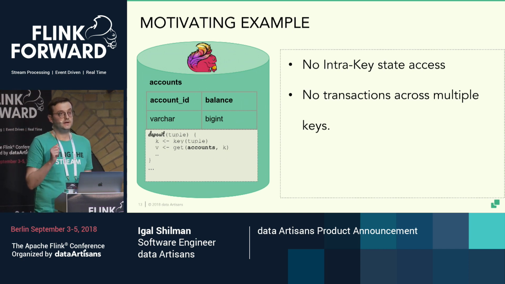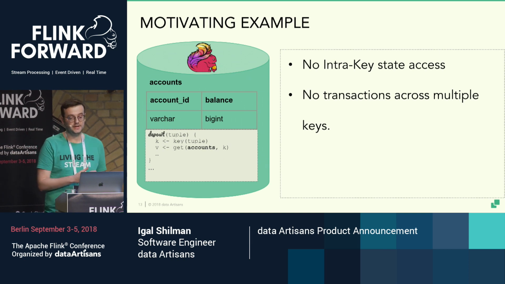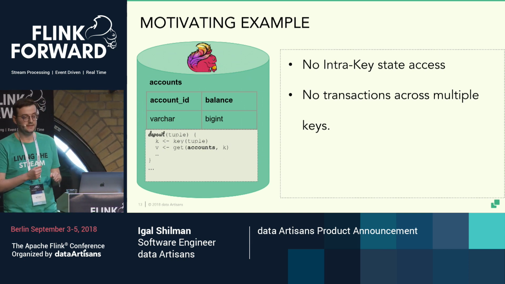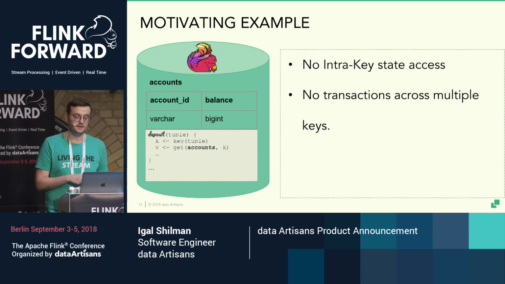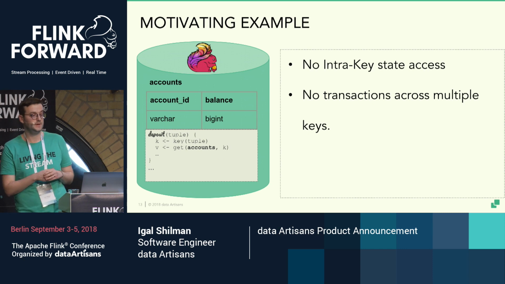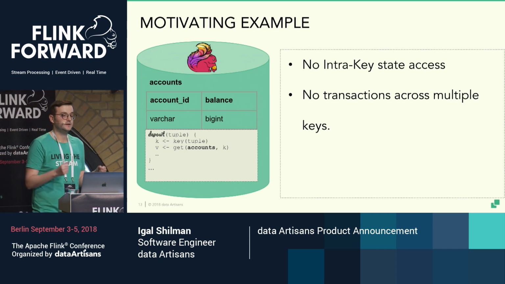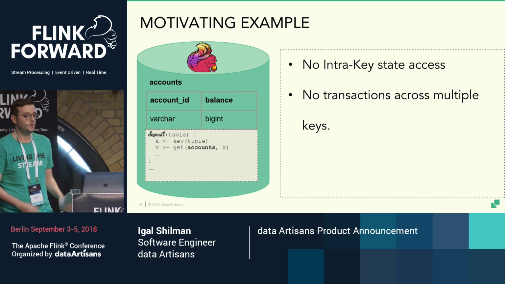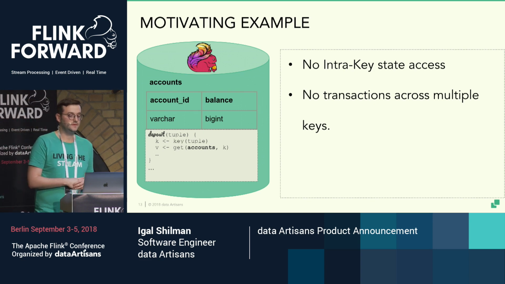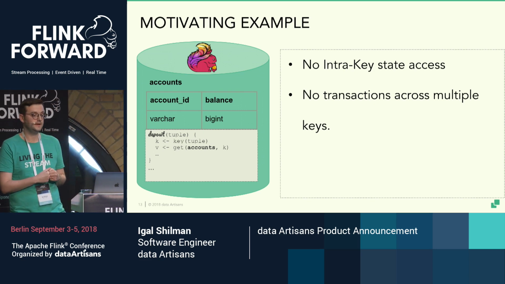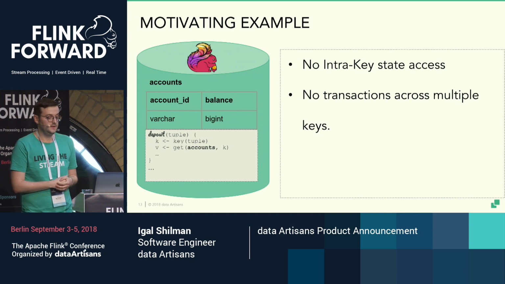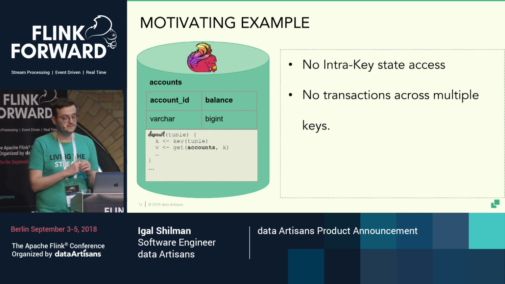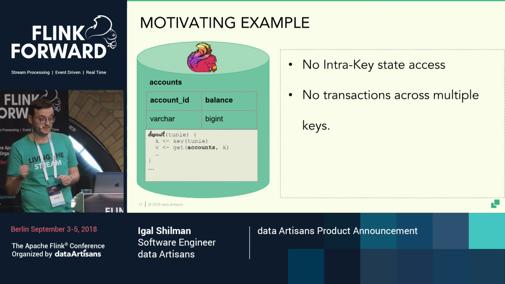Usually inside of an operator we are bound to a specific key, and we don't have a way to use different keys, in particular keys that are sharded to different machines. So if I'm talking about the account state, account A might be in machine 1, and account B might be in a different machine. And we need this functionality for our deposits example.